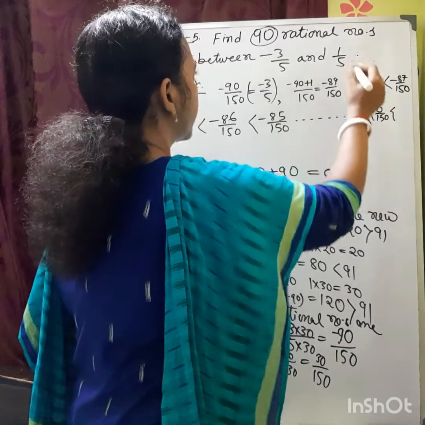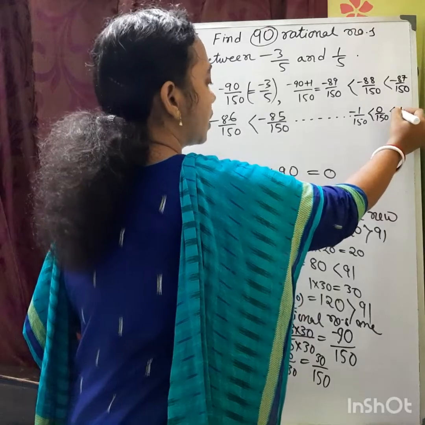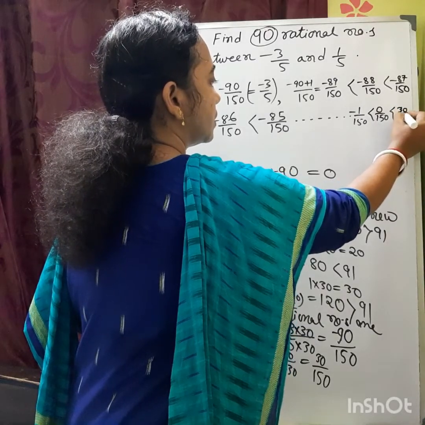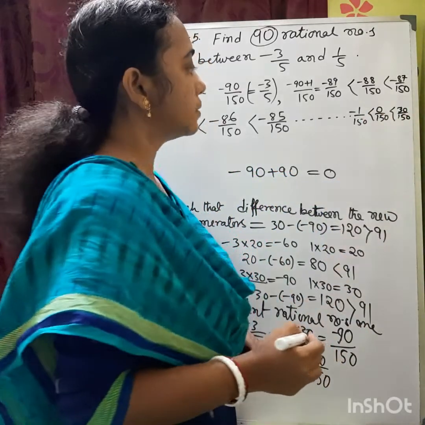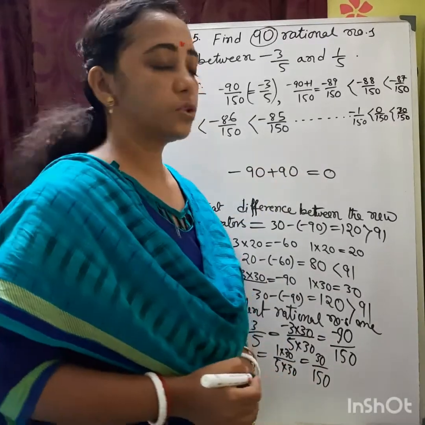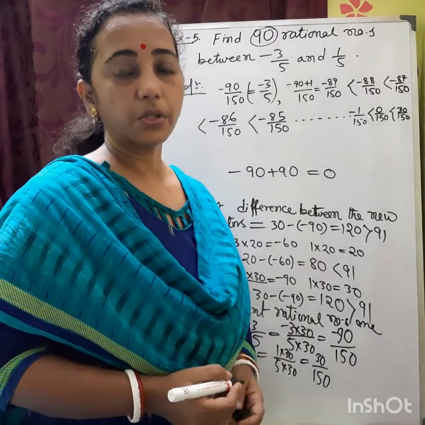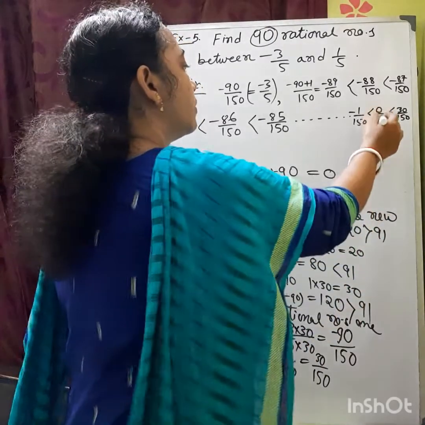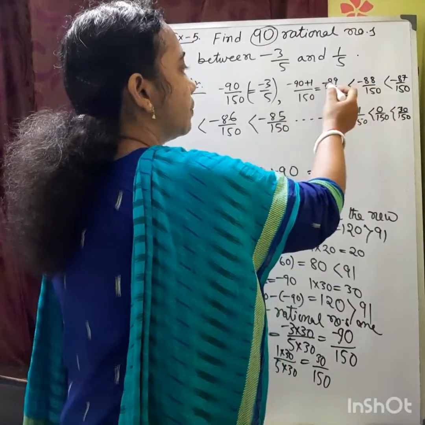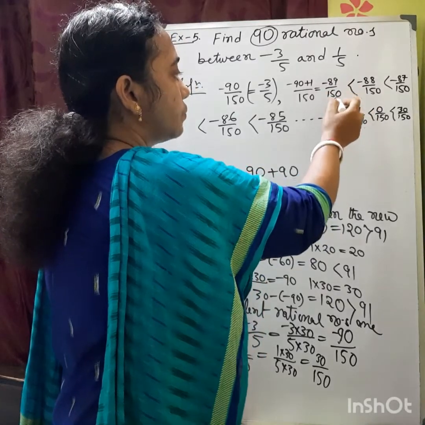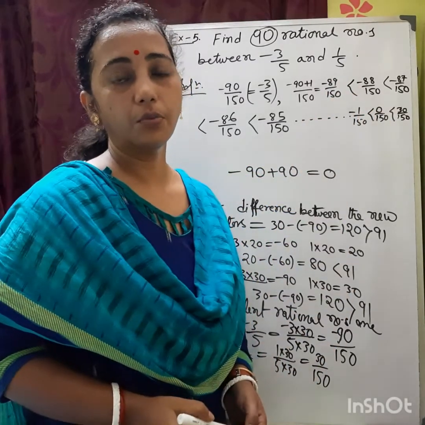Next we can write the last one, that is 30 by 150. In between there are other rational numbers also, but here we only need 90 rational numbers, so from minus 89 by 150 up to 0 by 150 we will write here.